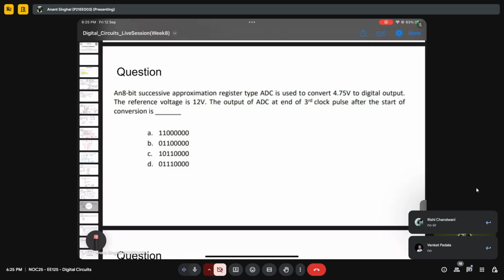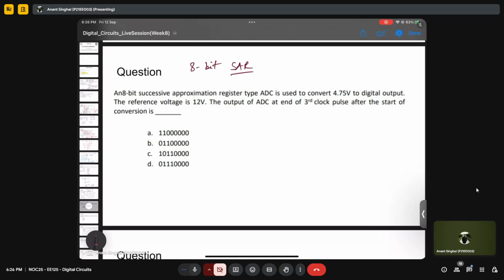Fine. So let me try this problem myself and then I'll give you a similar problem further. In this question, we are given an 8-bit SAR ADC, that is nothing but a successive approximation register type ADC. This 8-bit ADC is used to convert 4.75 to the digital output.